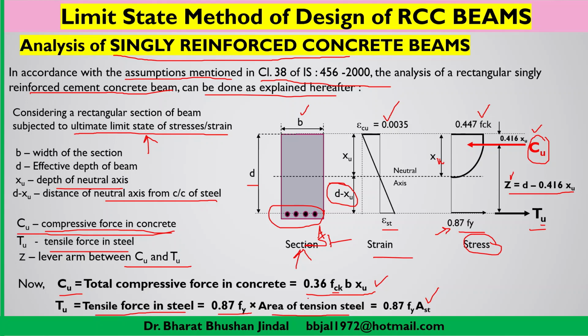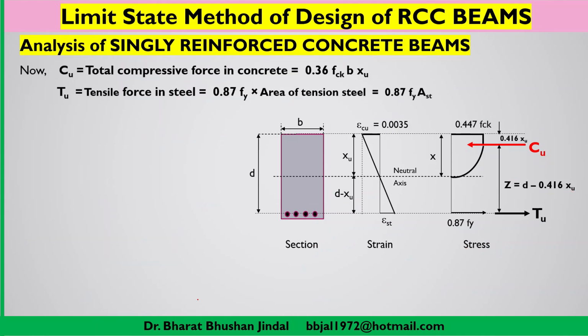So from these two equations we can calculate the total compressive force in concrete as well as the total tensile force in steel. Up to this point we have gone through how to calculate the compressive force in concrete and how to calculate the tensile force at the level of steel where reinforcement is provided.